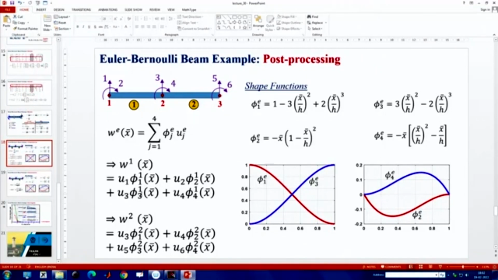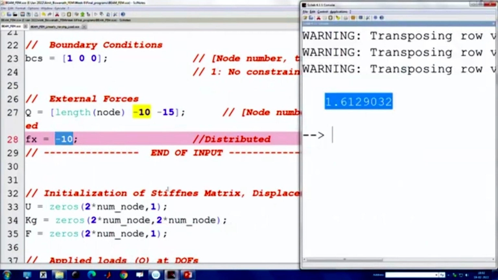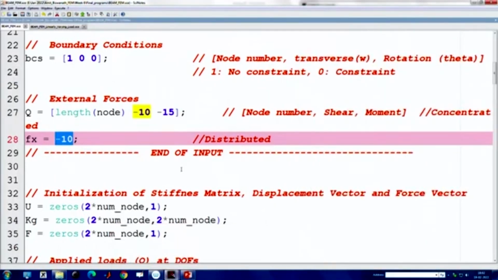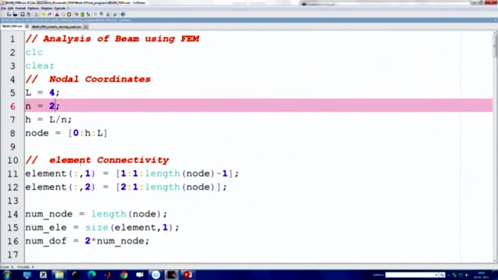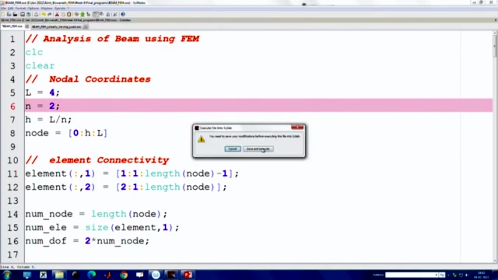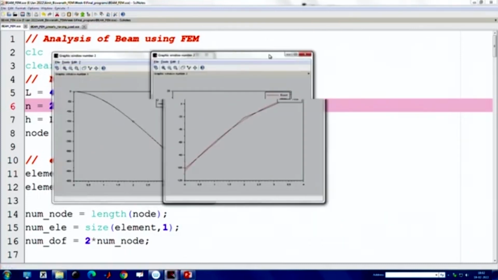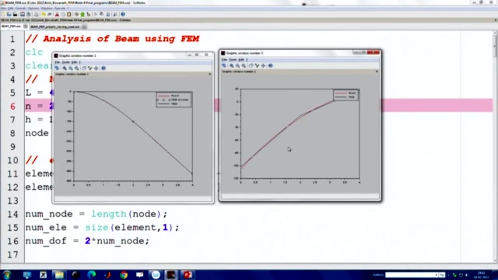Now, how do I remove that error? How do I get the exact result? By increasing the number of elements. Let's do that. Now, if it is one element, let's make it 2 elements and then check. You see, results are slightly closer.